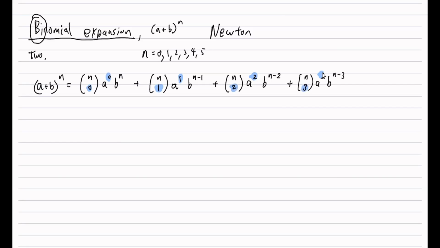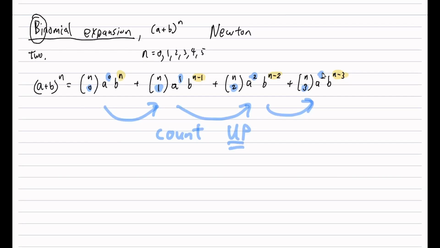Can you see? 0, 1, 2, 3. Then what do you notice about the power of the other one? Power n, n minus 1, n minus 2, n minus 3. It's a countdown, right? Can you see or not?